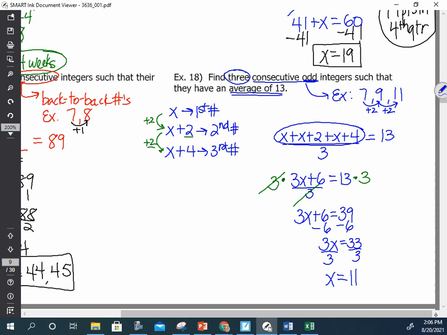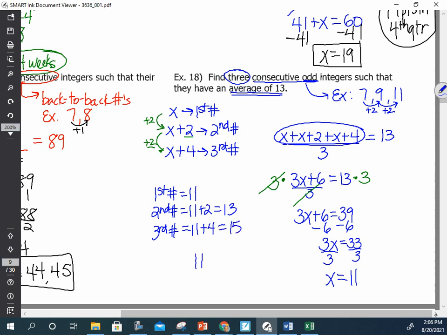So now we know where to kick things off. So if the first number is 11, then that means the second number is 11 plus 2, 13. The third number is 11 plus 4, 15.